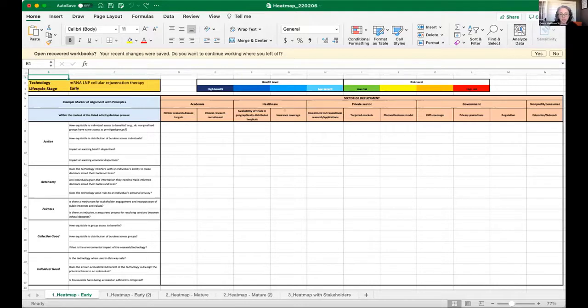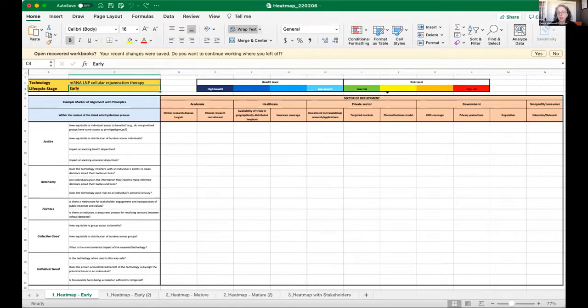So what you're seeing here along the left-hand side, and again, I will zoom in in just a second, I just want to give you the overarching roadmap. The 5 principles that you've heard repeatedly are along the left-hand side with a series of questions that are these markers of alignment that we're talking about. Up in the left-hand corner is the technology that we're looking at and its stage in development.